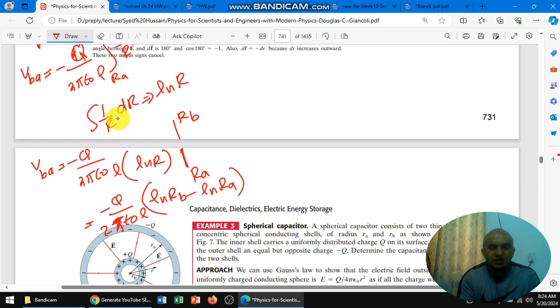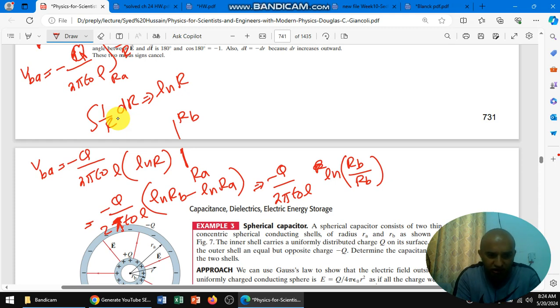This negative sign can be removed with the division, because this is a log rule that negative converts into division. So this is equal to Q over 2 pi epsilon naught L log of RB over RA. This is potential V_BA.